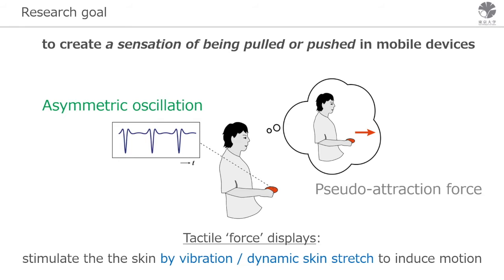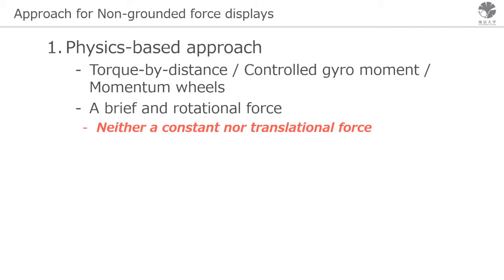The force display is categorized as a tactile force display because it stimulates the skin by vibration or dynamic skin stretch to induce motion. Let me show you some examples of non-grounded force displays.